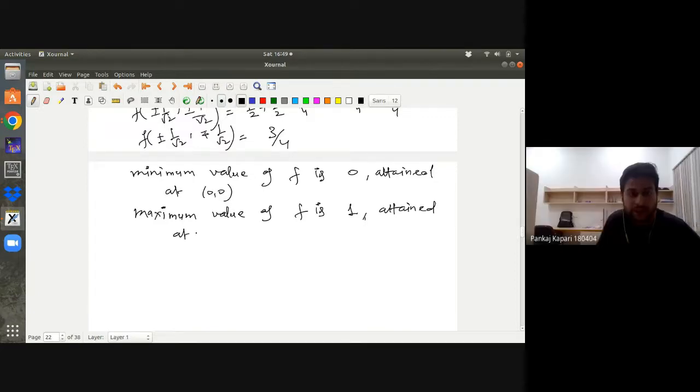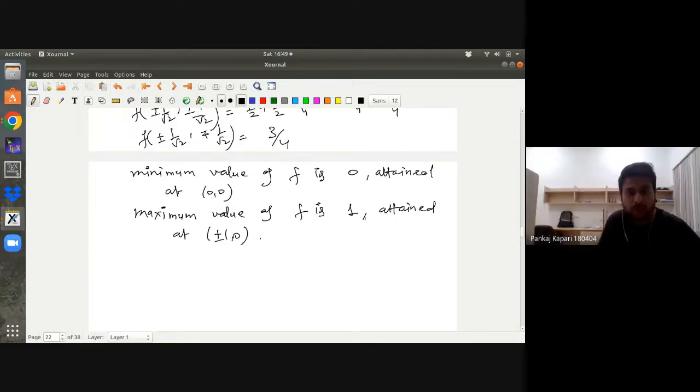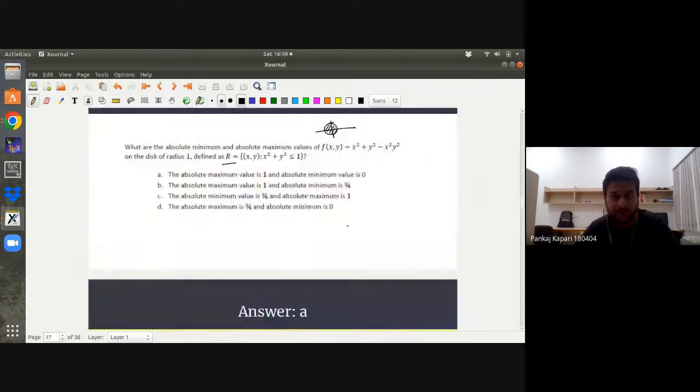And it is attained at plus minus 1, comma 0 and 0, comma plus minus 1. Okay, so there are multiple points at which the maximum value is attained. Okay, so the first answer is correct. The absolute maximum is 1 and the absolute minimum is 0.